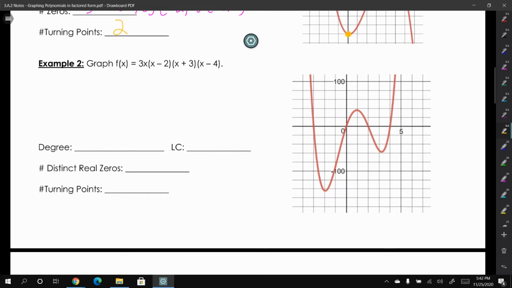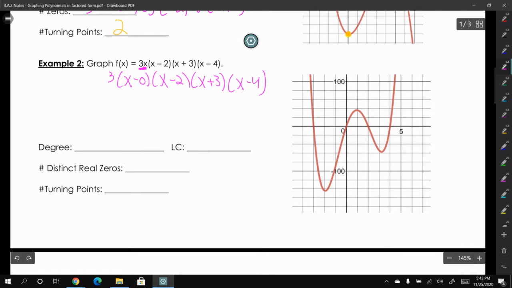Here we have another factor added. So look, this 3x right here, that is another factor. And we don't need to write the minus 0 part. So that's why it's written the way it is up here in the original function, because we don't need to write x minus 0.